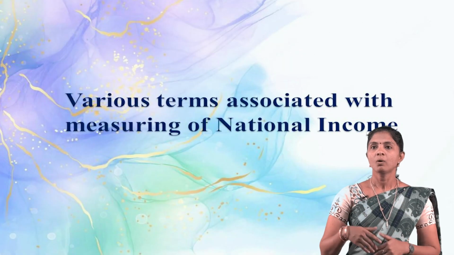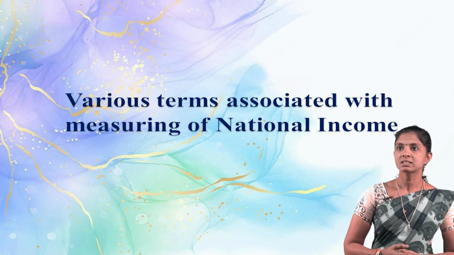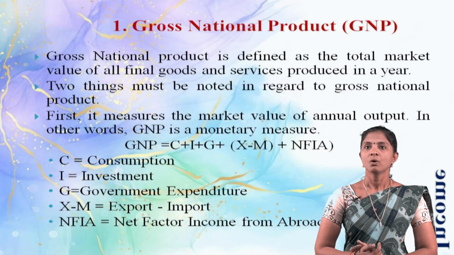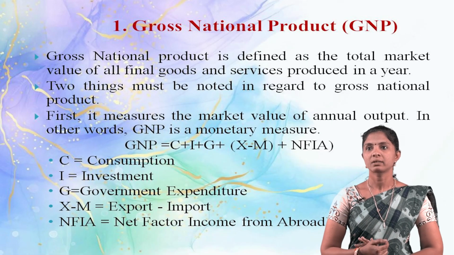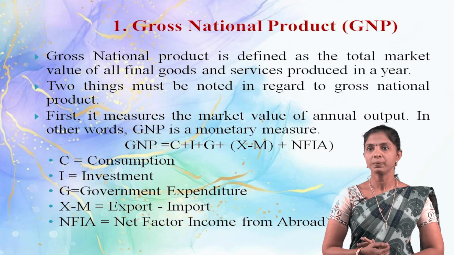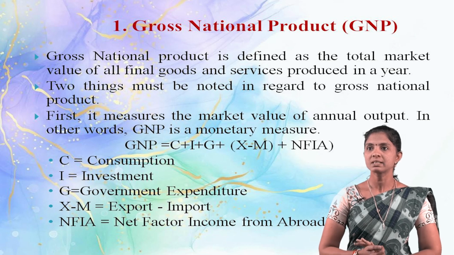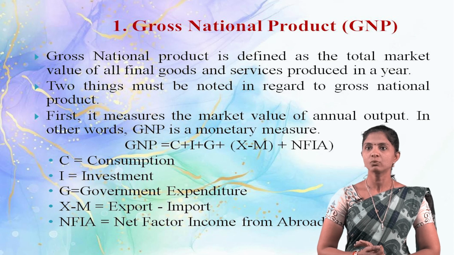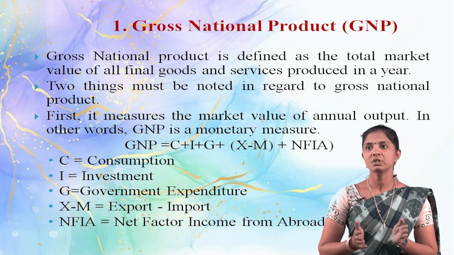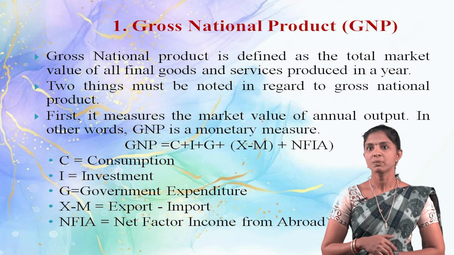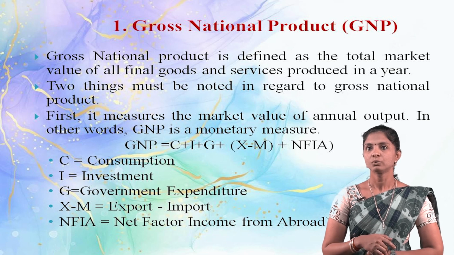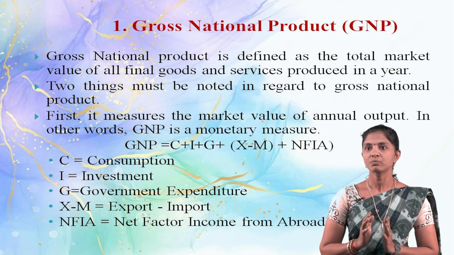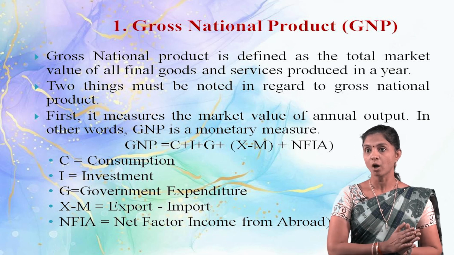Then, what are the various terms associated with measuring national income? First, what is gross national product? It is also called GNP. Gross national product is defined as the total market value of all final goods and services produced in a year. Two things must be noted in regard to gross national product. First, it measures the market value of annual output.